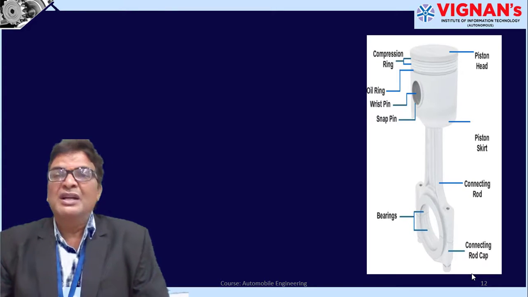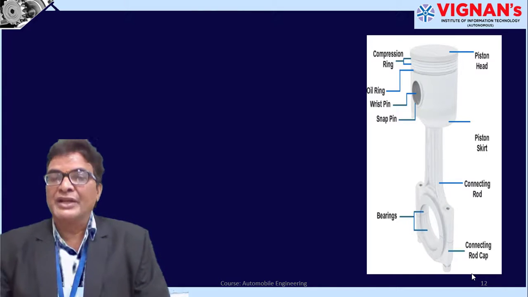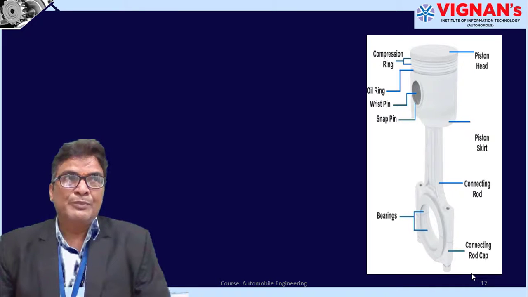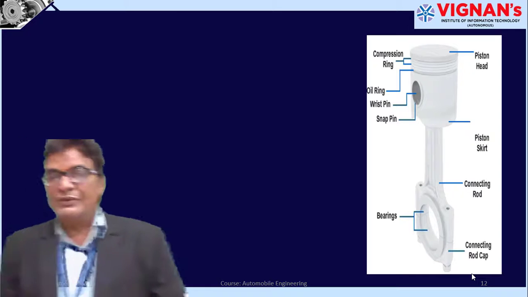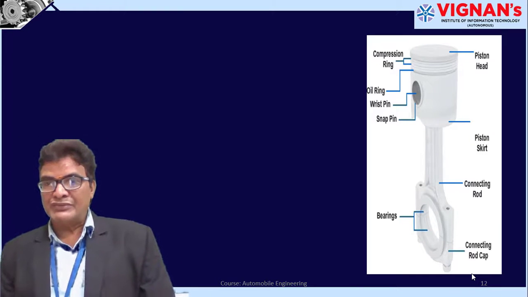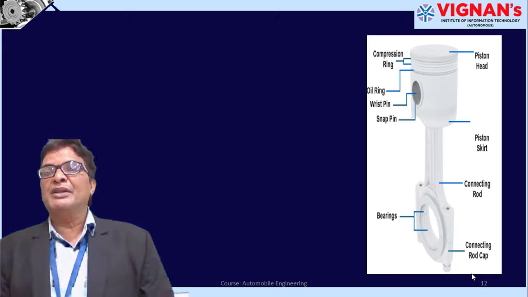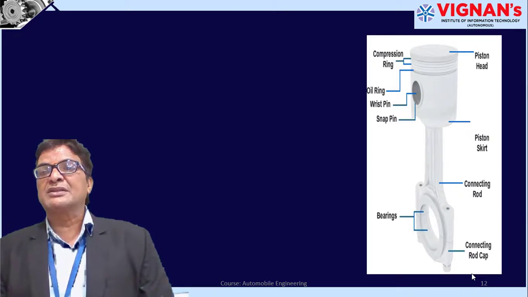The entire combustion of the fuel is converted into a working fluid. That's why the compression rings prevent the escape of the combusted fuel into the atmosphere, and slip will be minimized by the use of these compression rings.